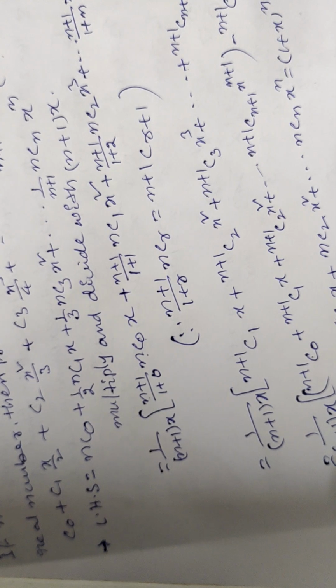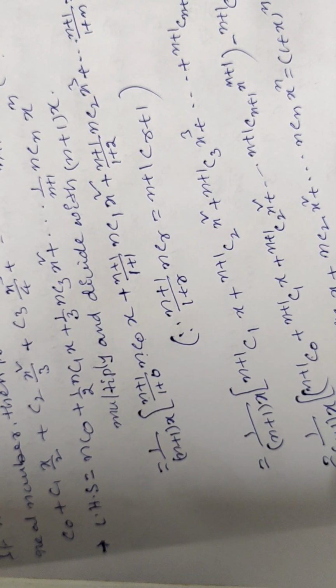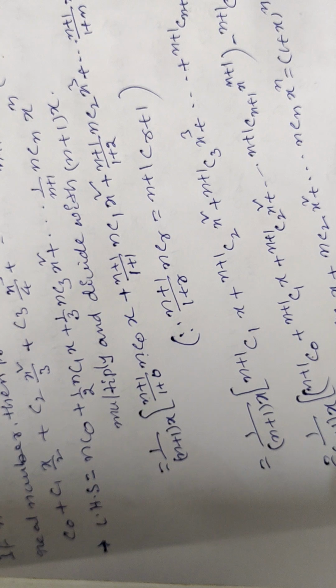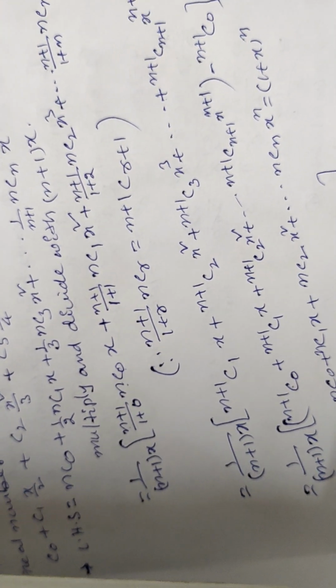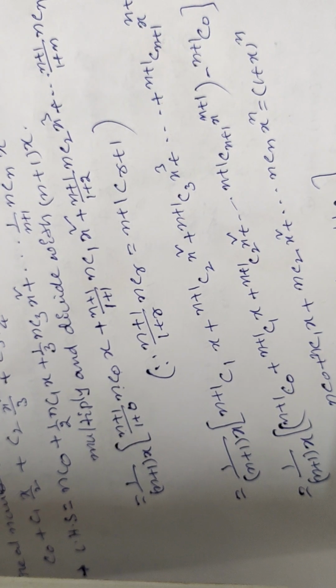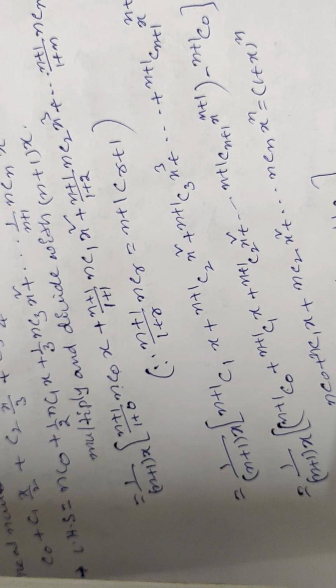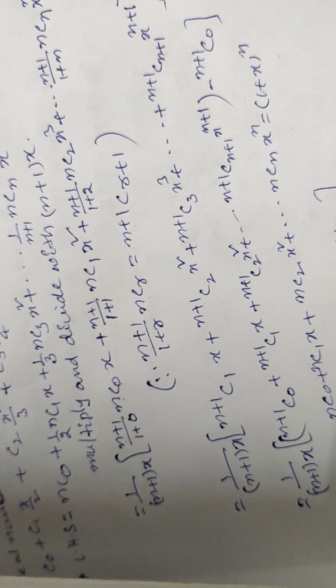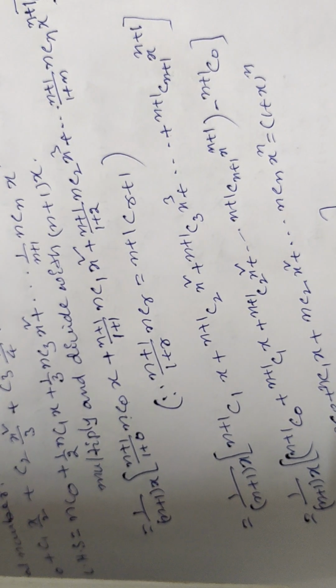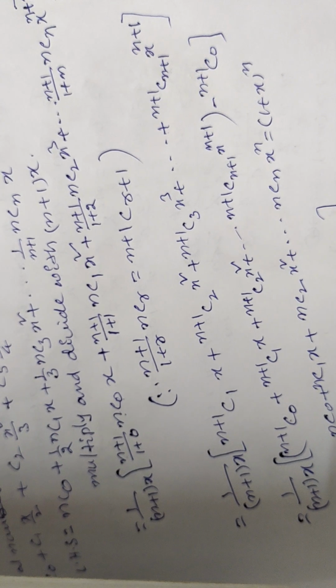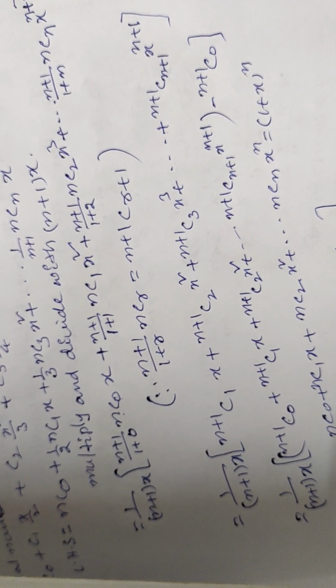1 by n plus 1 into x of n plus 1 by 1 plus 0 nC0 x plus n plus 1 by 1 plus 1 into nC1 x square plus n plus 1 by 1 plus 2 nC2 x cube plus and so on, n plus 1 by 1 plus n nCn into x power n plus 1. n plus 1 by 1 plus r into nCr equals n plus 1 C r plus 1.